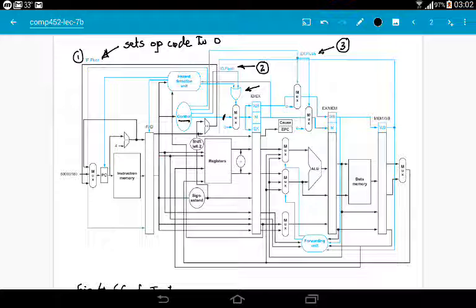Now let's look at this EX flush signal. It is also coming out of the controller, and here you see it is going into 2 different muxes.